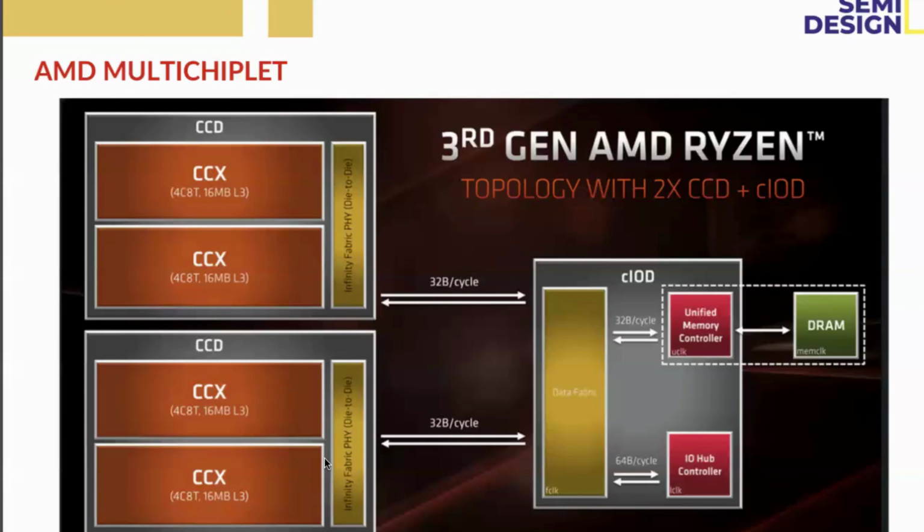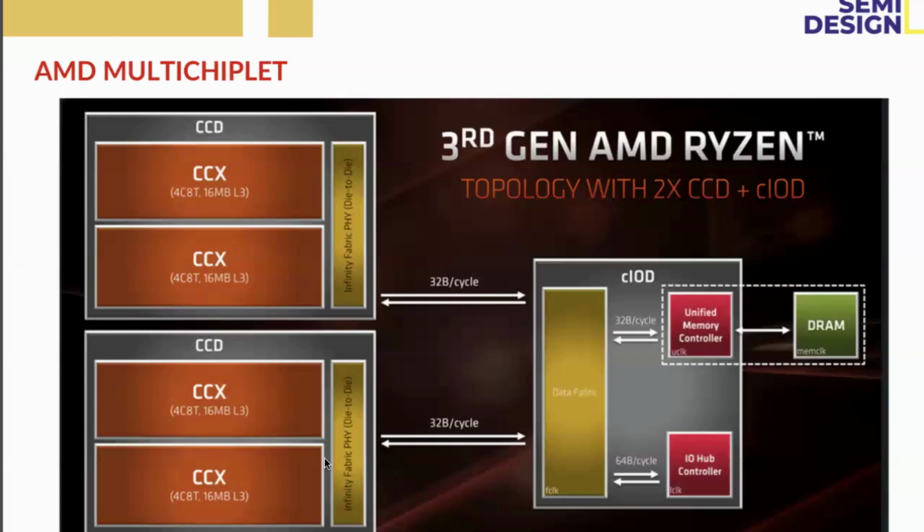CCD is nothing but the core complex die. It consists of core-related blocks. You can mention cores like AMD cores or Intel cores. I will give you the reference material so that you can go through it and get an idea of which types of cores are used by different companies. In the CCD, the different blocks are cache memory and cores. Different cores are available.